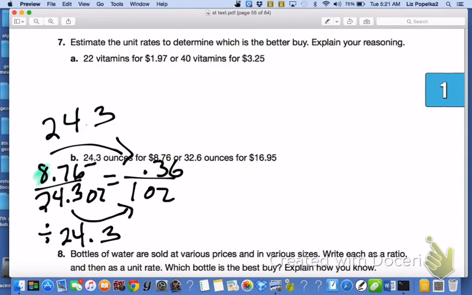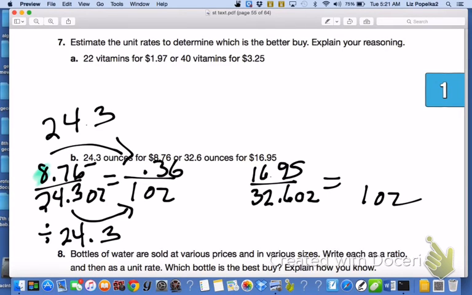I'll just round it to 0.36. So 36 cents for 1 ounce. And the other one, I've got $16.95 for 32.6 ounces. I don't care how much 32.6 ounces are.